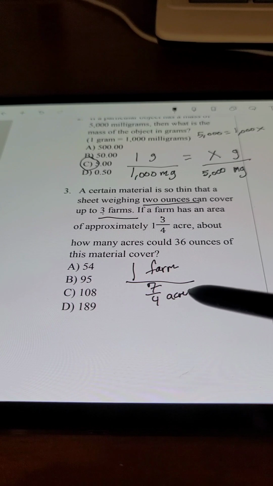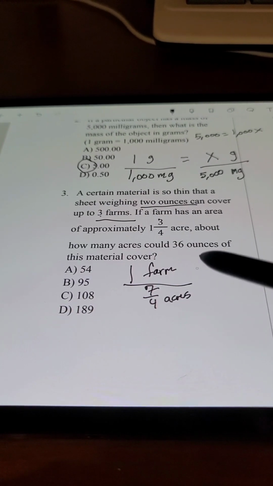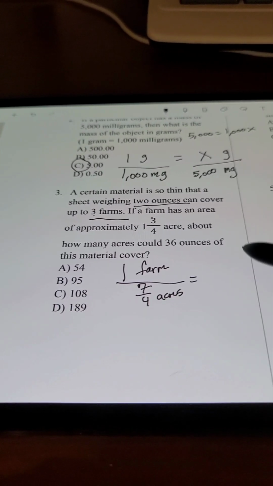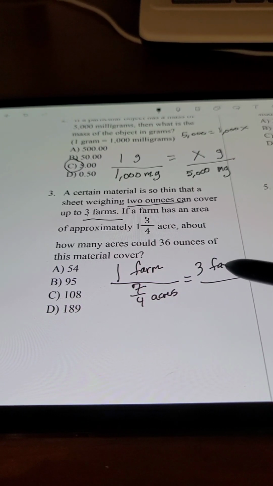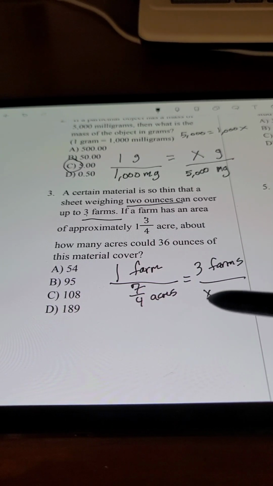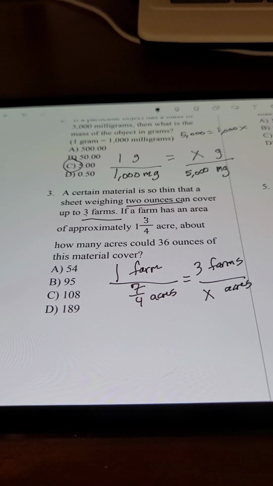So 1 farm is equal to 7/4 acres, and then that's one relationship. On the other side, I'm going to have 3 farms, and then I'm solving for how many acres that is equal to.